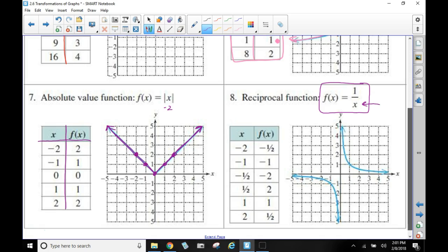So notice on our chart here, let me change colors, that there's not a 0 value in here for x, because then we would say, well, the corresponding y is 1 divided by 0, and nope, you can't do that. You're not Chuck Norris. Chuck Norris is the only one that can divide by 0. Okay? So that is why when x is equal to 0, we have what we refer to as an asymptote. That is an imaginary line on a graph that the graph approaches but does not cross or touch.